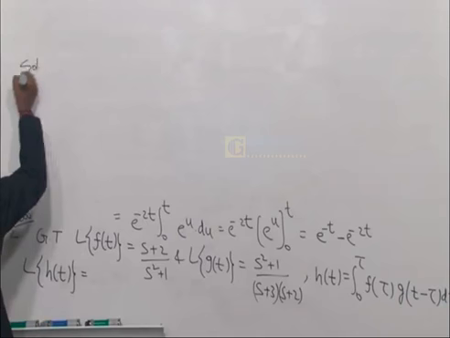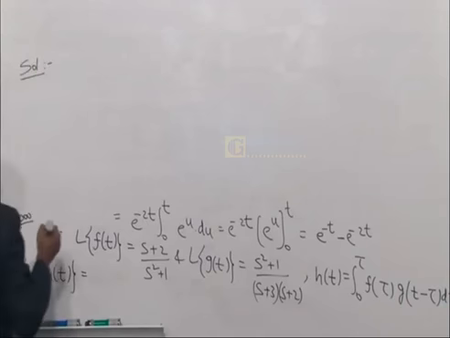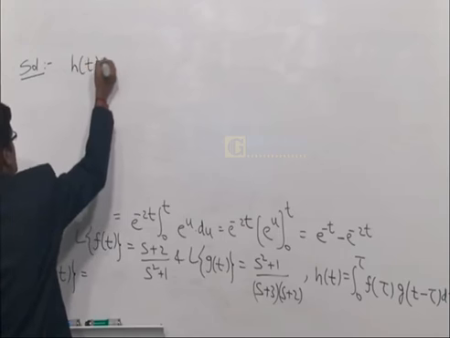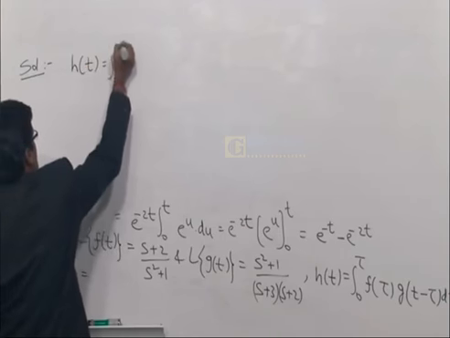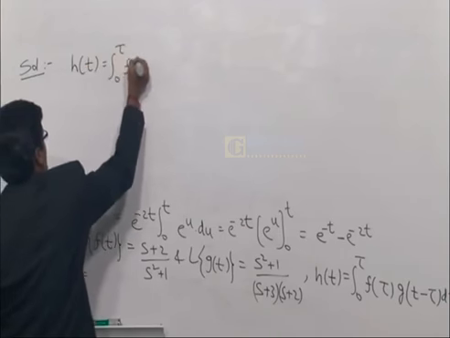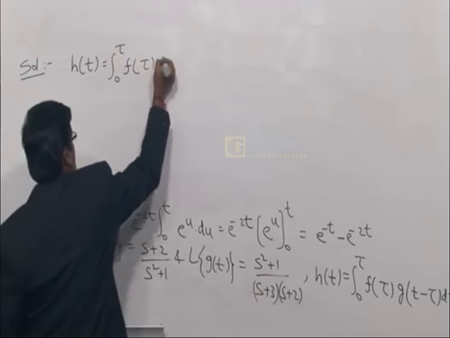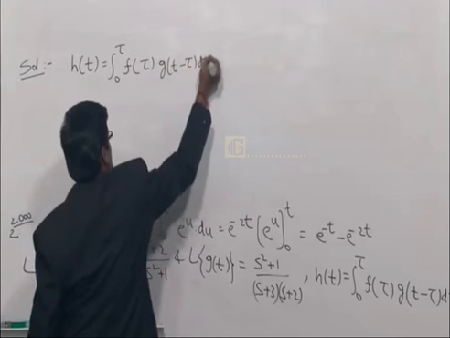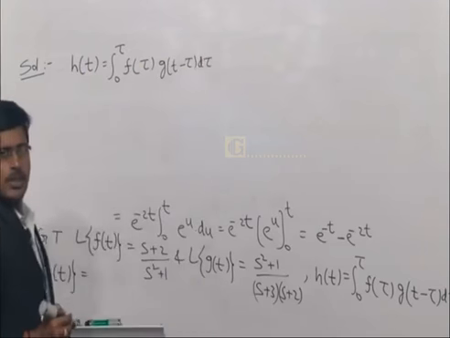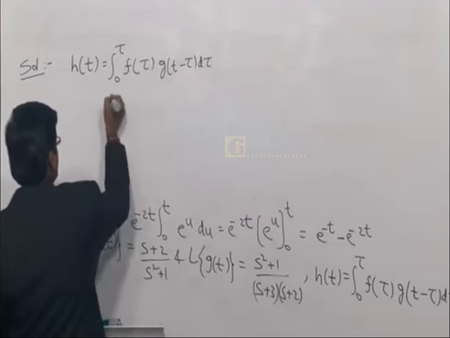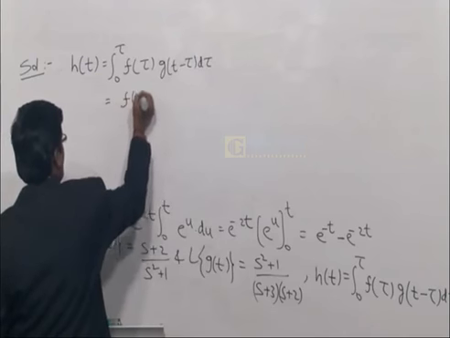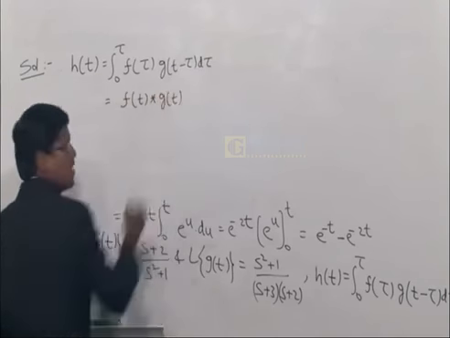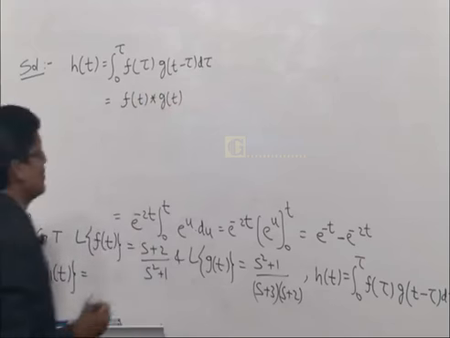Solution. h of t is equal to integral 0 to t of f of tau into g of t minus tau d tau. So this is nothing but the convolution of two functions, f of t star g of t.